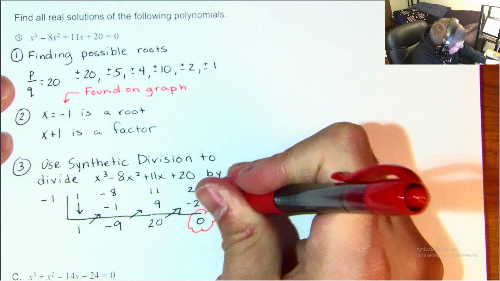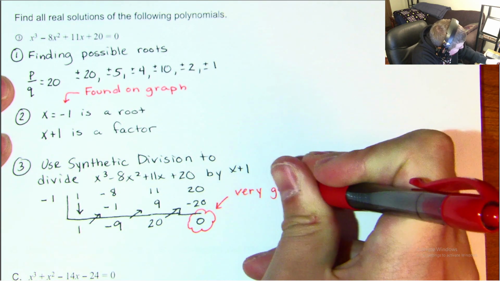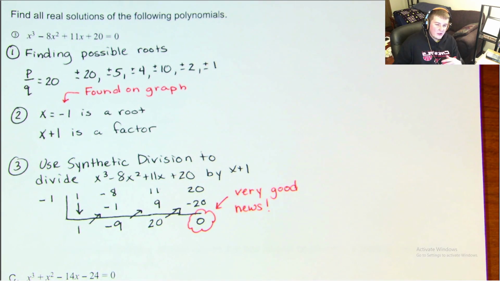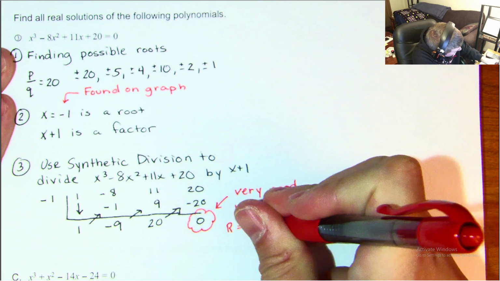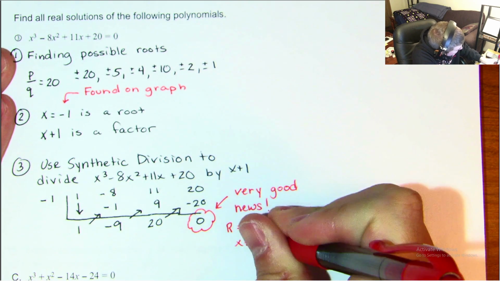This is what I would consider very good news. I want everybody to think personally to themselves, why is this such great news? Well, hopefully we have a remainder of 0. What does a remainder of 0 mean? A remainder of 0 means x plus 1 is a factor.